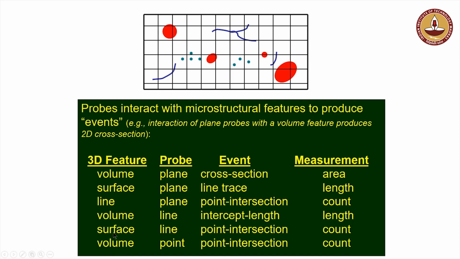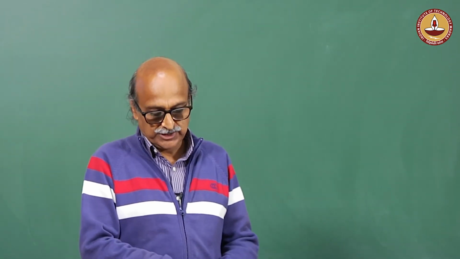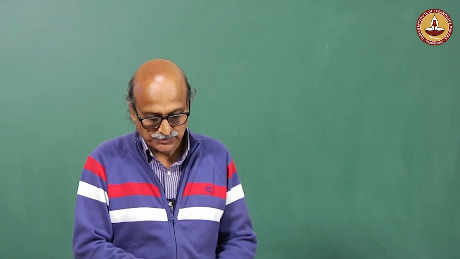Similarly, a surface feature intersecting with the line probe gives a point intersection, and such points can be counted. A volume feature with a point probe also gives a point intersection, and again all such points can be counted. So, these are the various combinations of these probes.